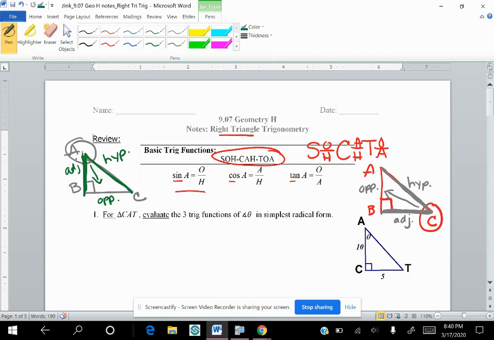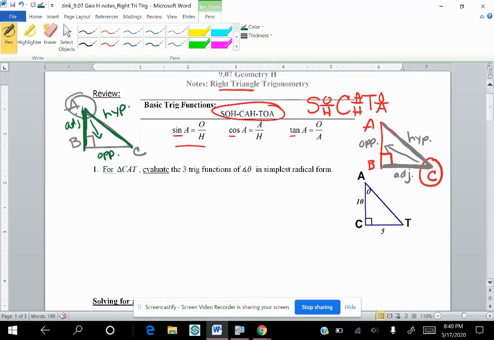Okay, so let's do a couple of examples. For triangle CAT, evaluate the three trig functions of angle theta in simplest radical form. Let's start with sine theta. For finding sine theta, that's going to be opposite side over hypotenuse.